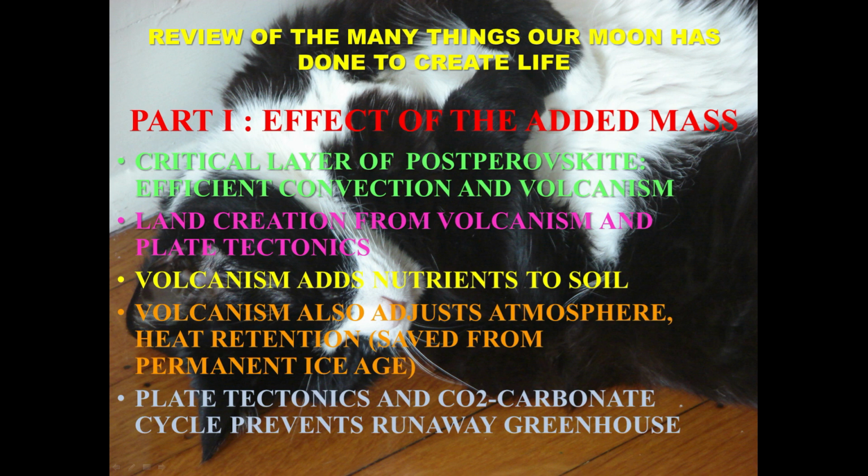It allowed land creation from volcanism and plate tectonics, and the volcanism added nutrients to the soil. Volcanism also adjusted the atmosphere, helped with heat retention and saved us from permanent ice age. And also plate tectonics and the CO2 carbonate cycle prevent a runaway greenhouse effect like Venus.